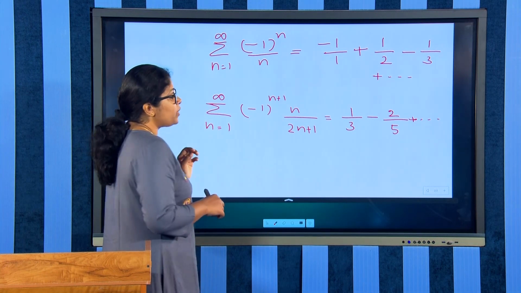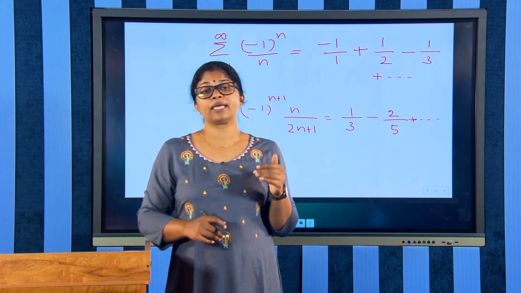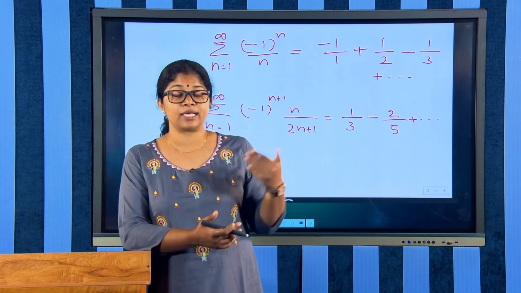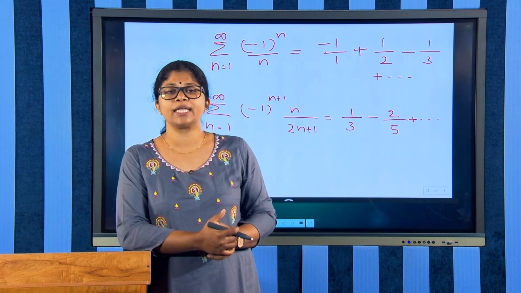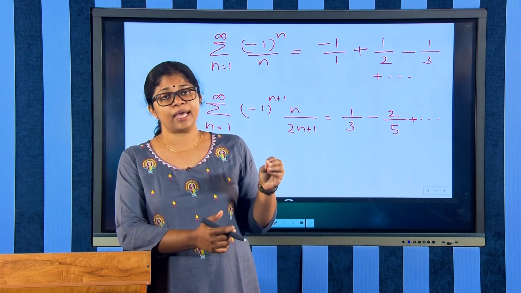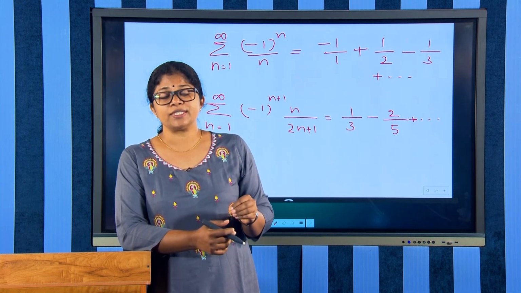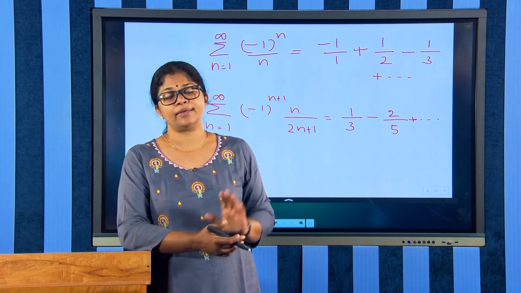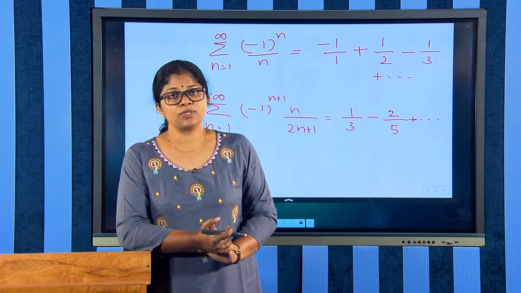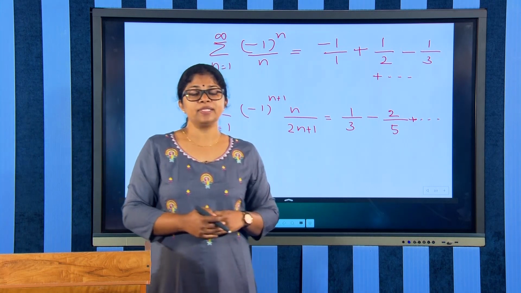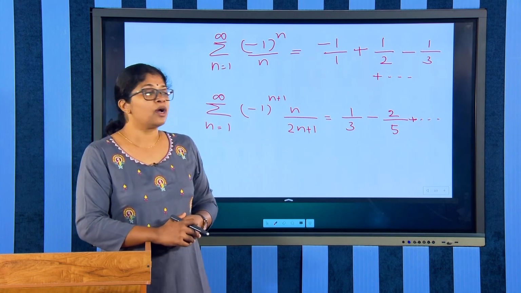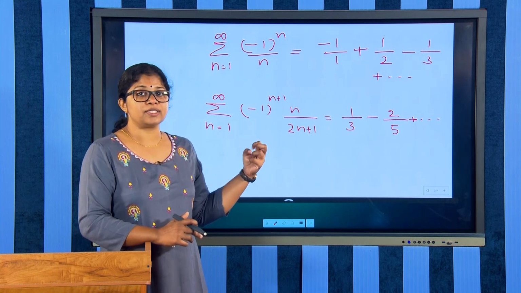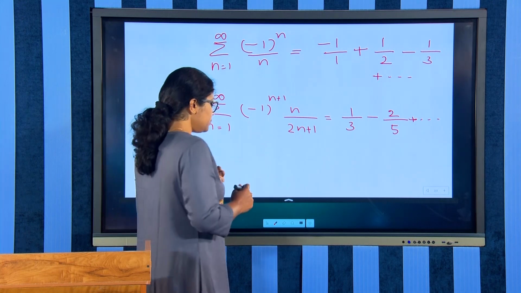Now, in the case of infinite series, we have studied that a series sigma x_n converges if the nth term of the series goes to 0 as n tends to infinity. So, let us look at these two examples and see whether we can get a similar result here also.